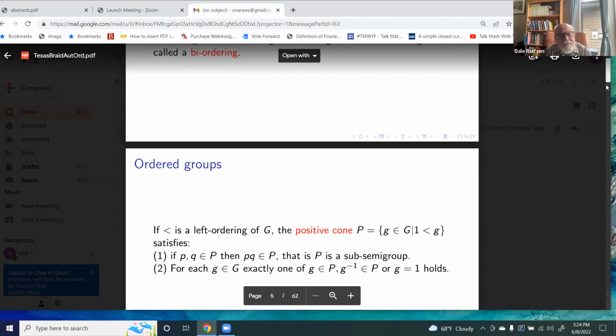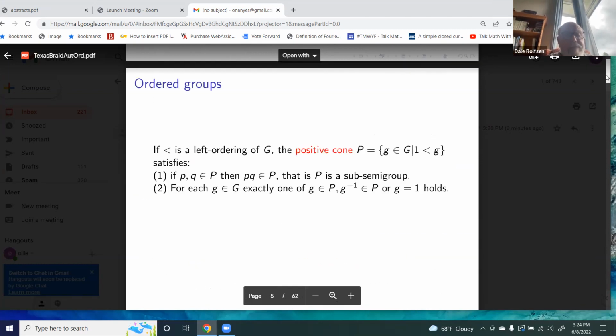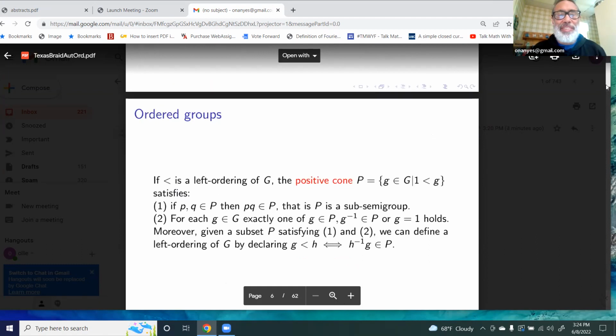And conversely, if you have a sub-semigroup P satisfying 1 and 2, you can define a left ordering by saying g is less than h if and only if h inverse g is in that set P, and it's quite easy to check that that's a transitive and left invariant ordering.